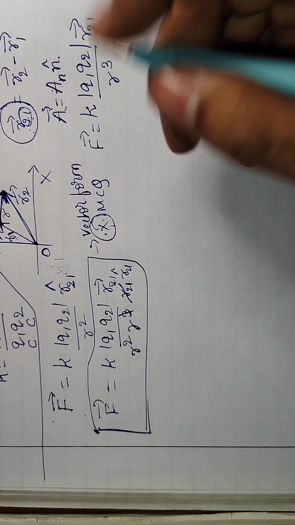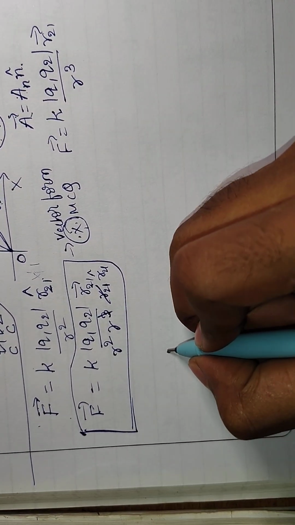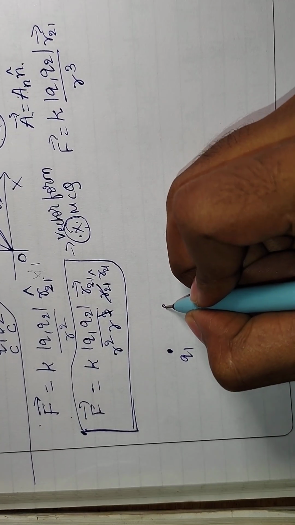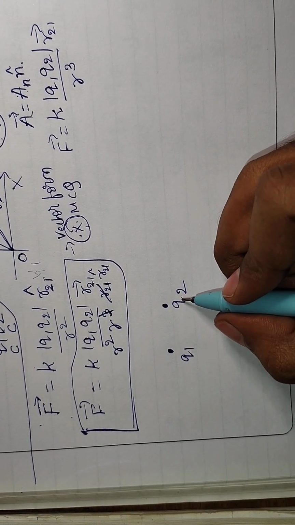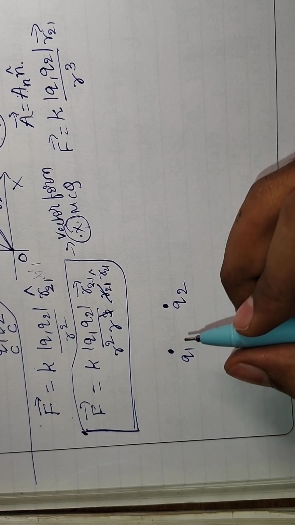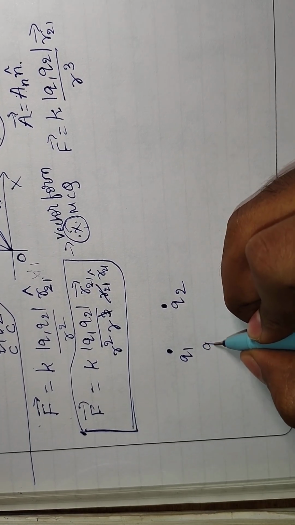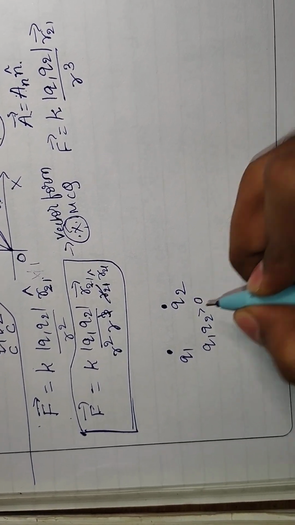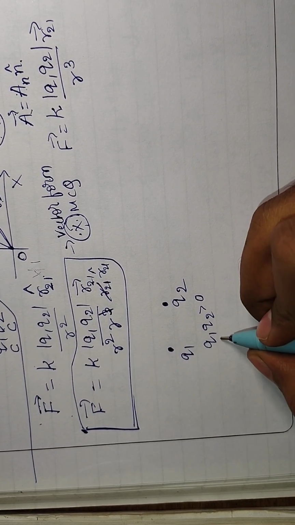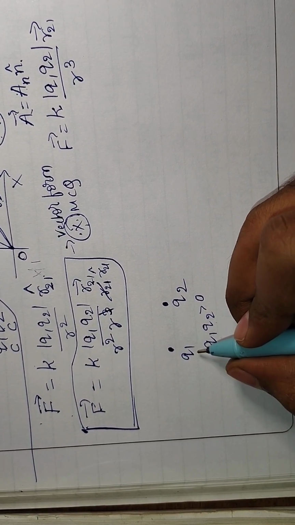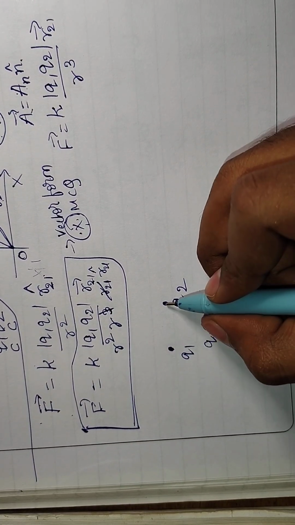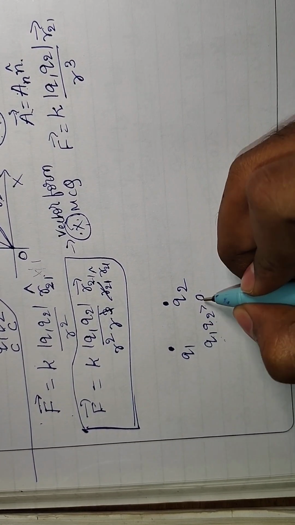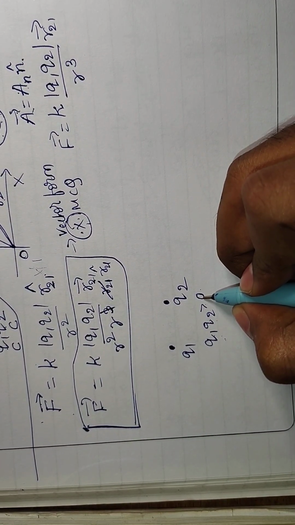Okay, now listen, this is point charge Q1, this is point charge Q2. Now each of Q1 and Q2 can either be positive or negative, right? Now when can this product be greater than 0? When both of them are positive, then positive into positive is greater than 0, or when both of them are negative, negative into negative is also greater than 0, because it becomes positive.